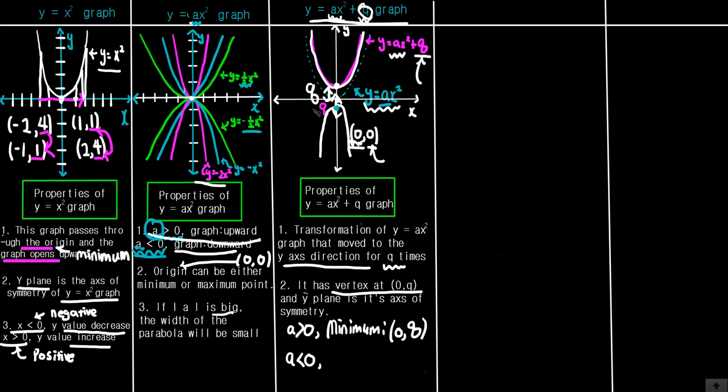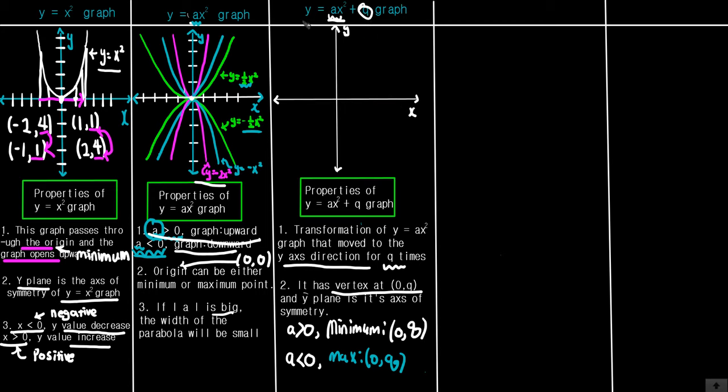The x value of the maximum point will be 0 because it is on the y-axis, and the y value will be q. So when a is less than 0, the maximum point will be (0, q).